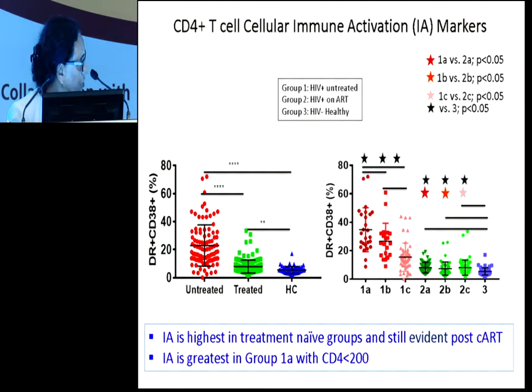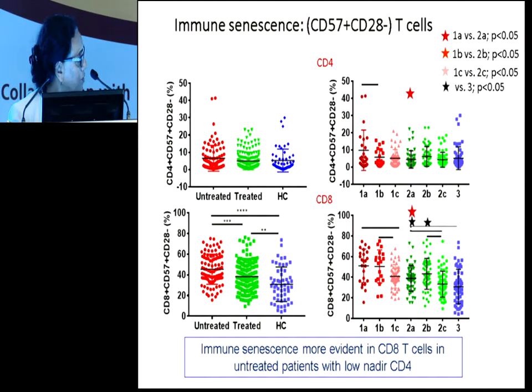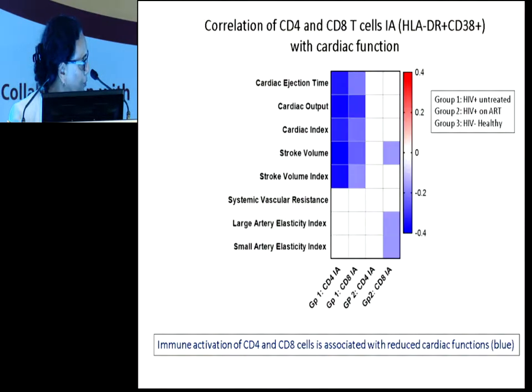And this shows you that first, looking at T-cell immune activation markers, the immune activation is highest in the treatment-naive group, and maximally in Group 1A as compared to the other groups. And immune senescence, which was studied by CD57 and CD28 negative cells, was mostly seen in CD8 subsets, and again highest in Group 1 and highest in the Group 1A, also particularly high in Group 2 subsets.